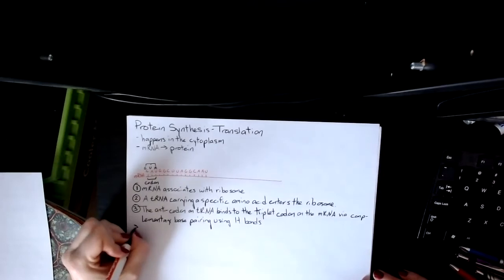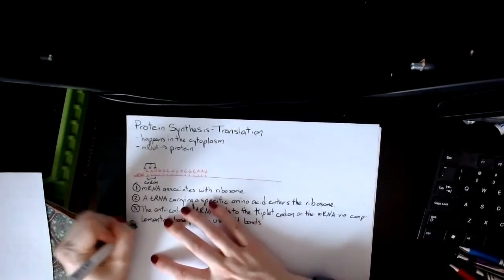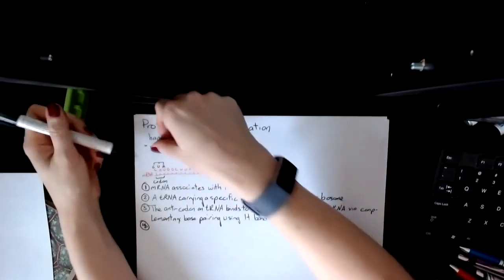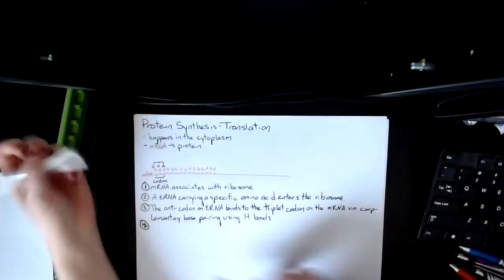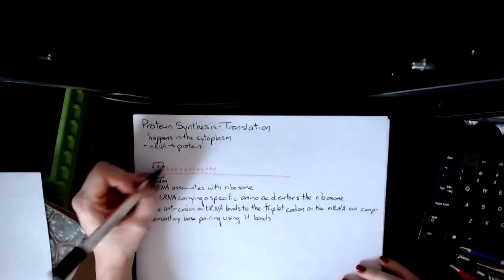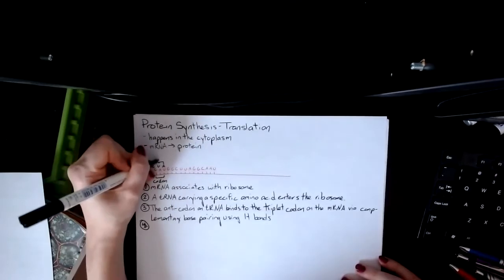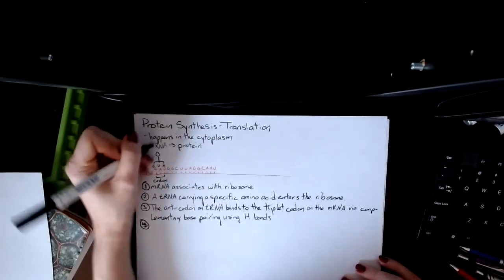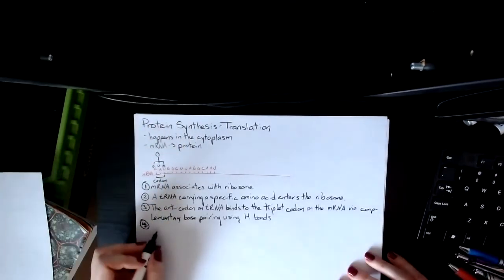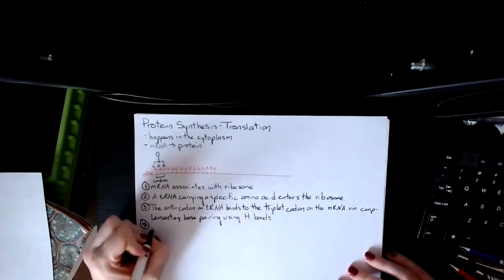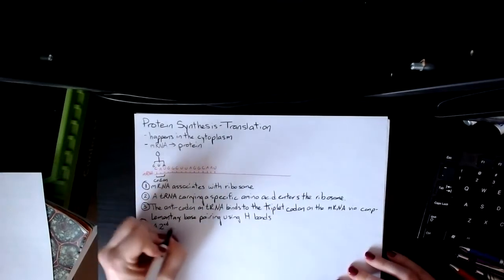Okay. And then the idea, whoops, that's number 4. So the idea is that then a second tRNA enters. Okay. And so the idea is this first tRNA, which I'll just draw as a cartoon, so that's your amino acid there, is held in place by the ribosome, and a second tRNA enters.